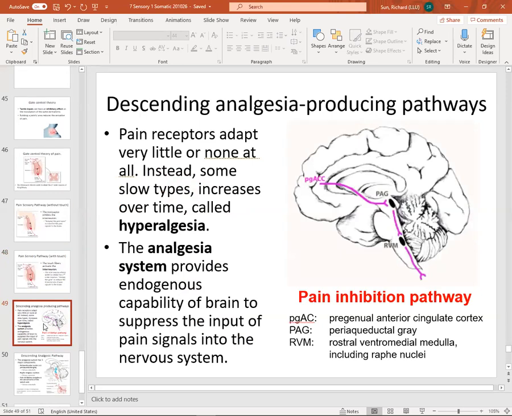Another is this descending analgesia pathway. This one comes from our frontal cortex. So the frontal cortex, when it's very painful, sometimes this pain can be very painful, right? And so we are not totally passive, right?